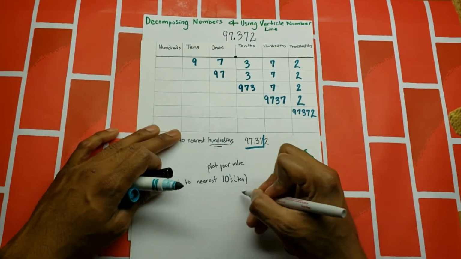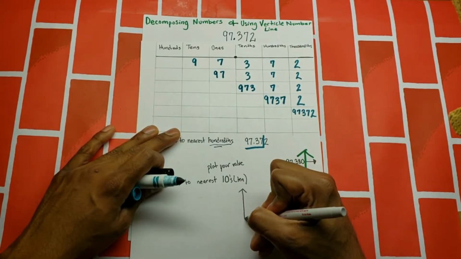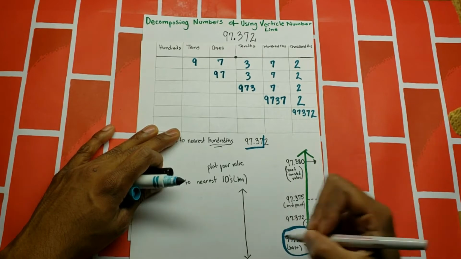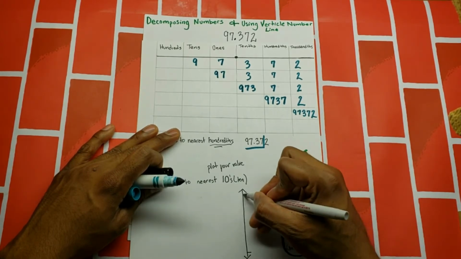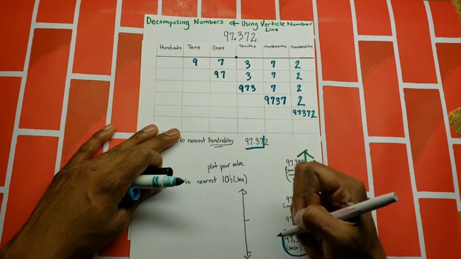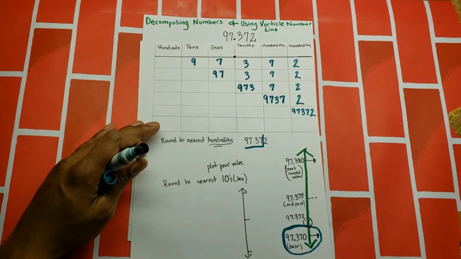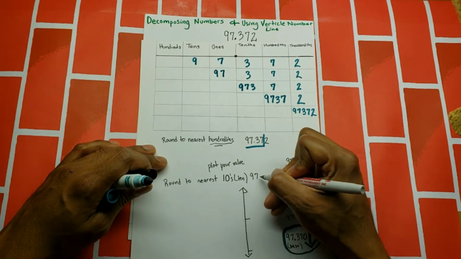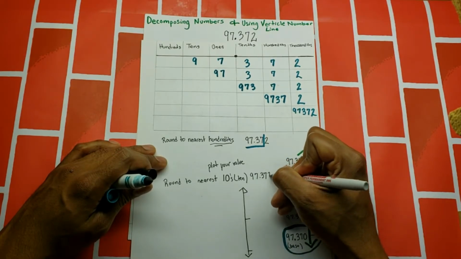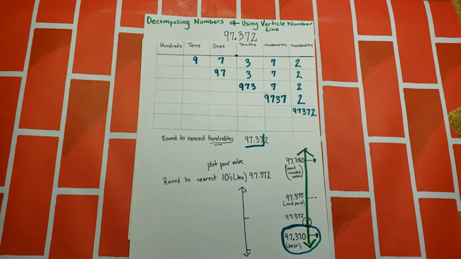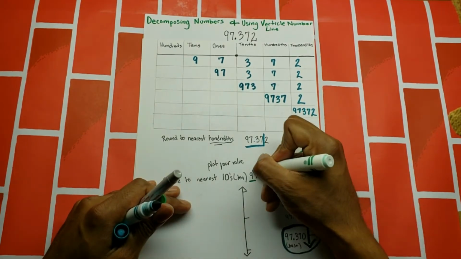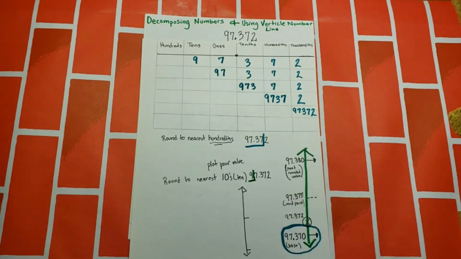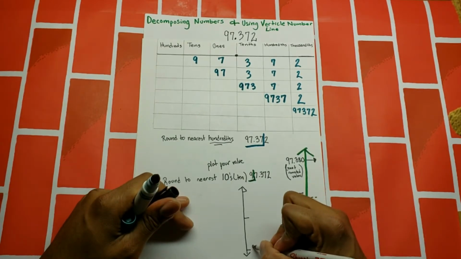Again, I'm drawing my number line, my base, my next, and my midpoint. Now, again, to the nearest tens, if I look back at my number again, 97.372, I know that if I'm rounding to the nearest tens, my base will be right here, 9 tens, which is the same as 90.